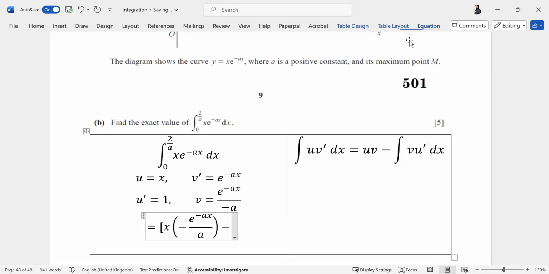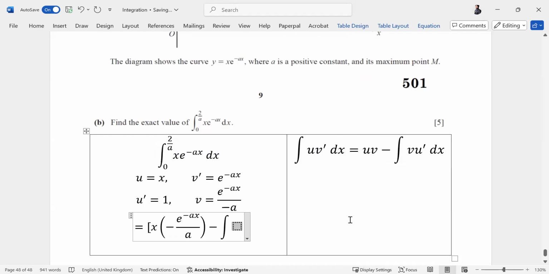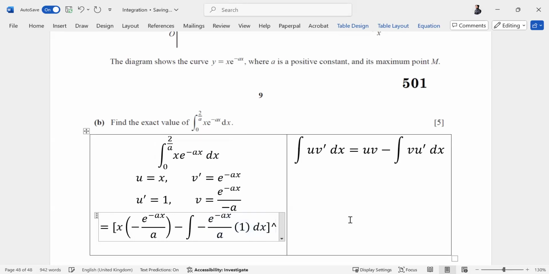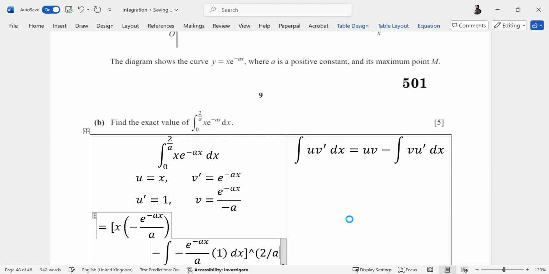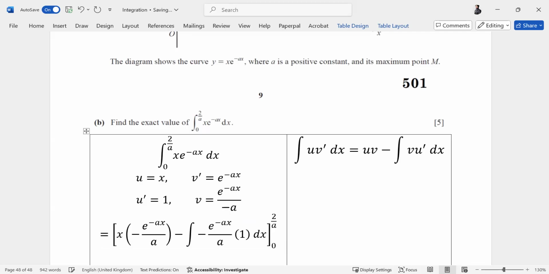Minus, and when you integrate, you need the integral of v, which is minus e to the power minus ax upon a, and your u dash is 1. Remember, the part inside the integral still needs to be integrated.